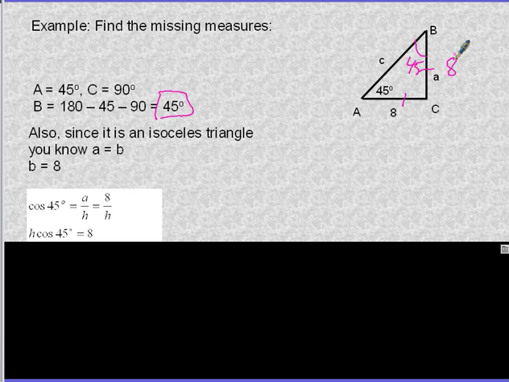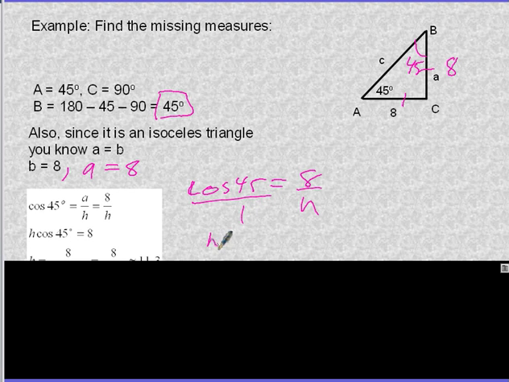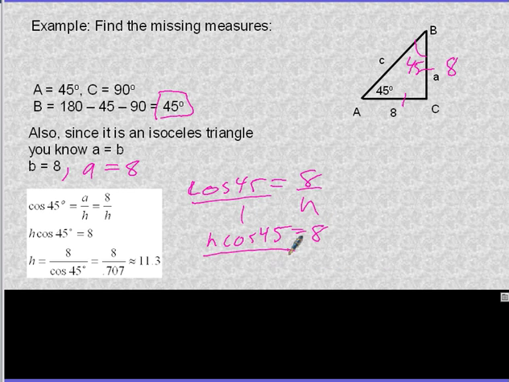I use cosine, so cosine of 45 degrees is equal to adjacent over hypotenuse, cross multiply, and I'm going to get h cosine 45 equals 8, and then I'm going to divide out my cosine of 45. This cancels out, so h is 8 divided by cosine of 45, or 11.3.